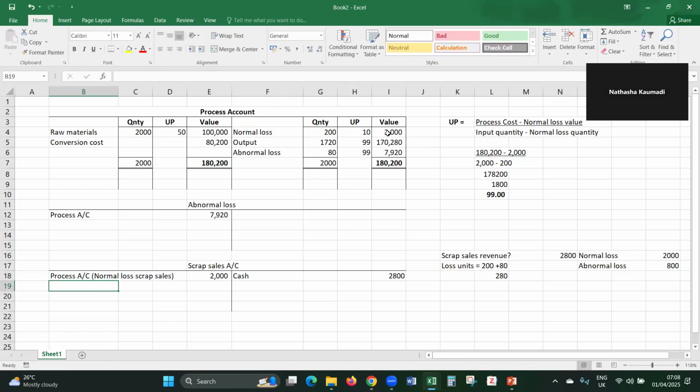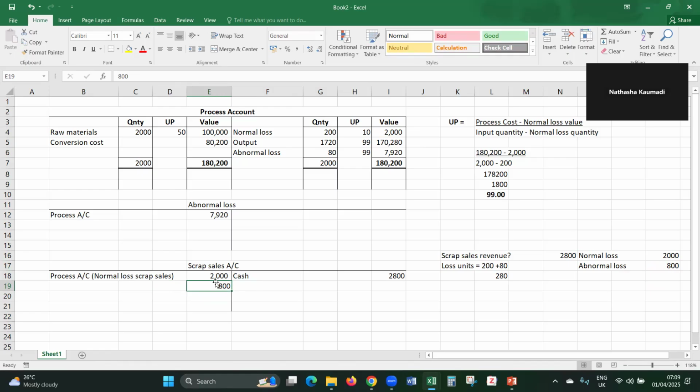Right, 2,000. What about the balance? 800. When you remove 2,000 from 2,800, your balance is 800. That means the revenue you earn by selling the abnormal losses, 800. So I'm writing the balance 800 here, that is your abnormal loss scrap sales revenue, 800.